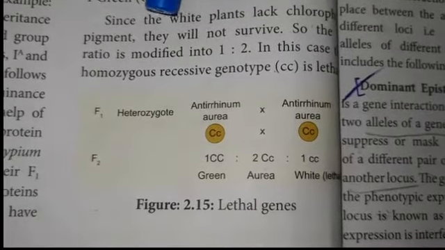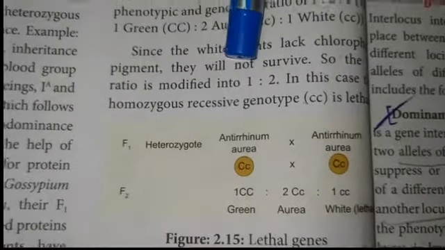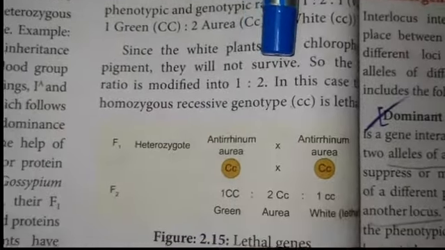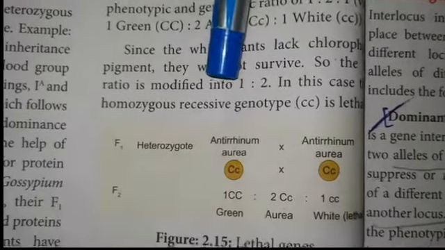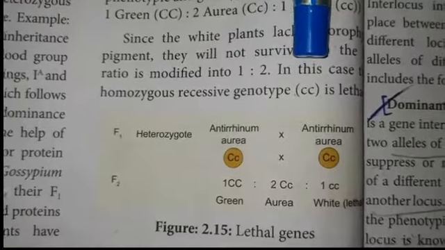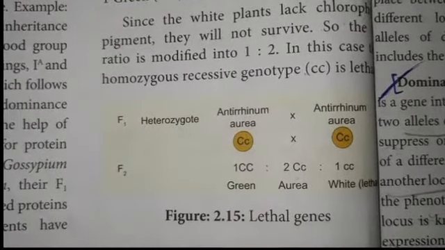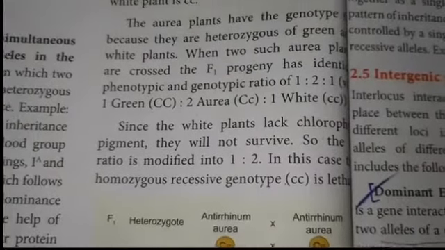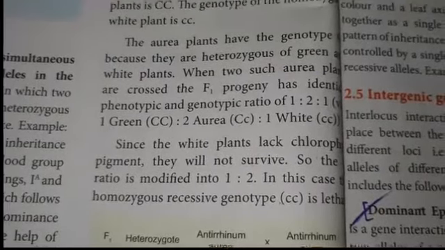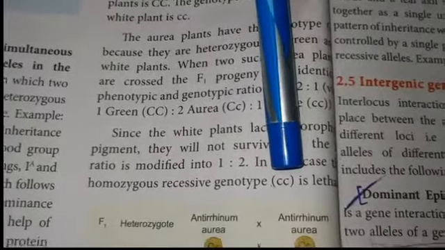So the ratio is modified into 1:2 due to the presence of the homozygous recessive genotype, which is lethal in the white plant. So the white plants are unable to survive because of the absence of chlorophyll. So it possesses two small c genes which are lethal in nature.